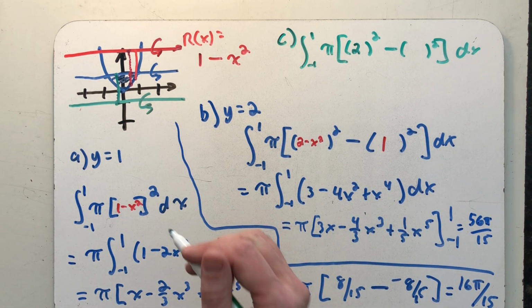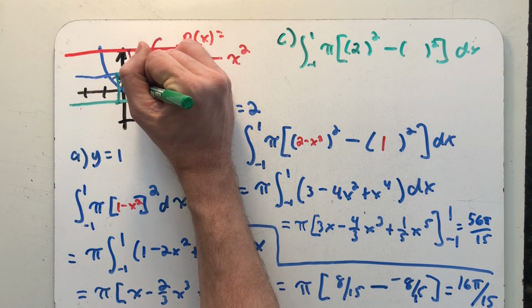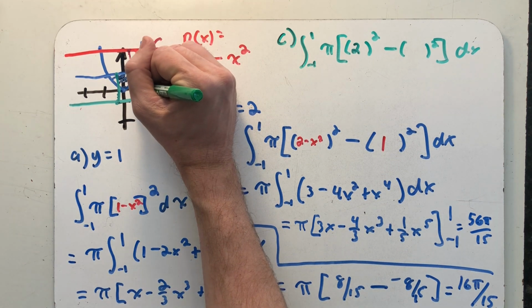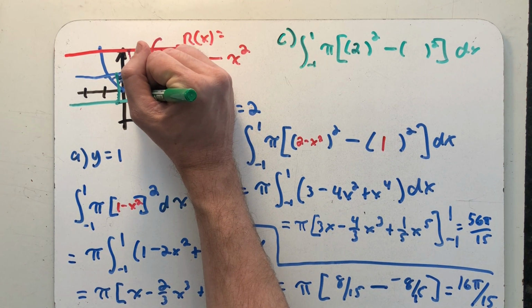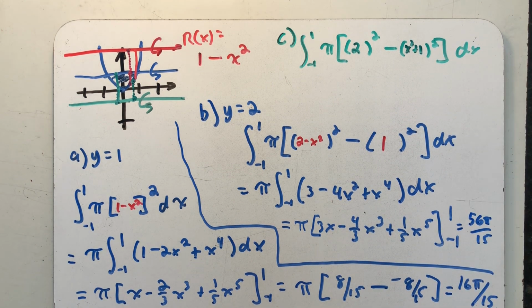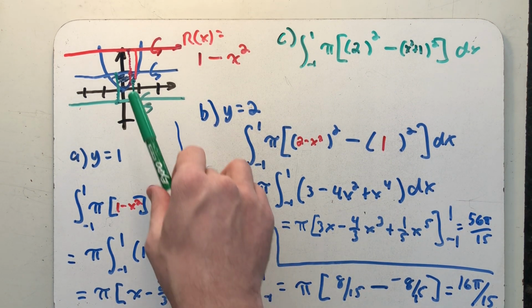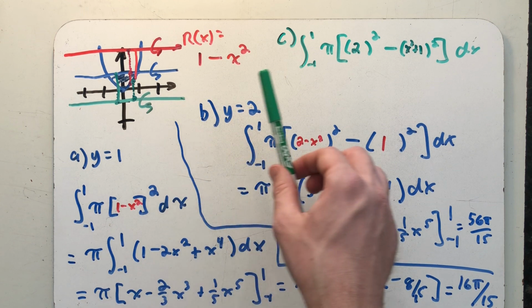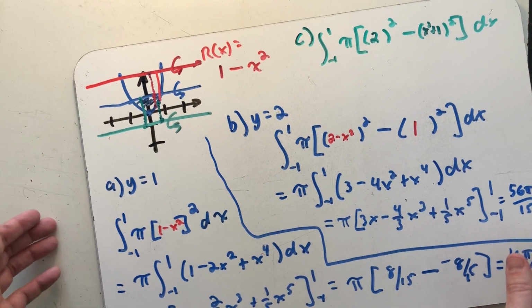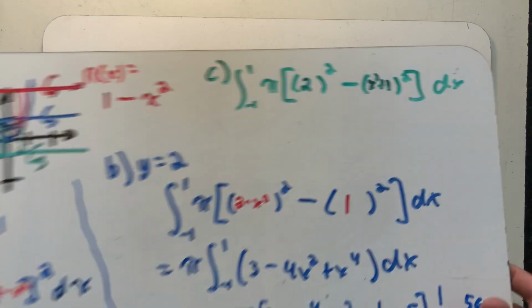And now I need the small radius, which is the distance between the parabola and this green line, this green axis of revolution. Well, you go up to x squared here and go down 1 unit here, so that would be x squared plus 1. Intuitively, and again, a top function minus a bottom function, x squared minus a -1. So there's my definite integral that will find the volume here in part C. Let's see about working it out on the next board.